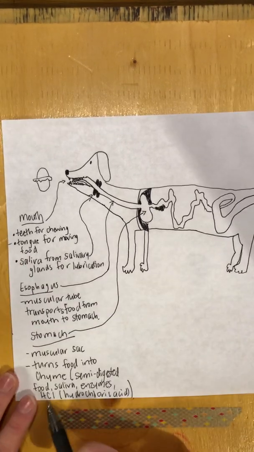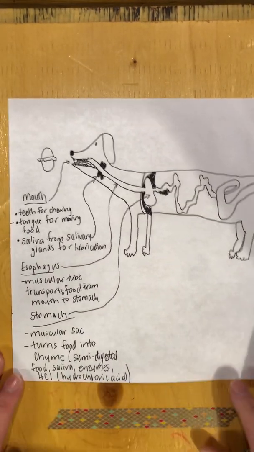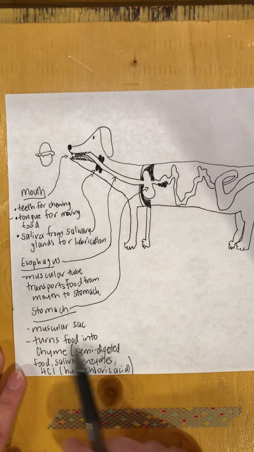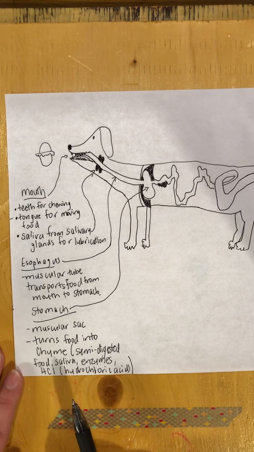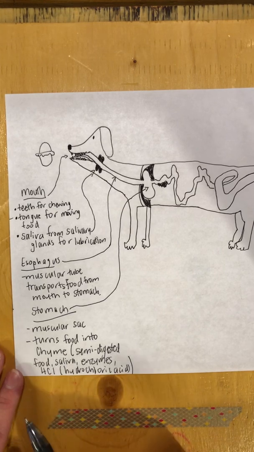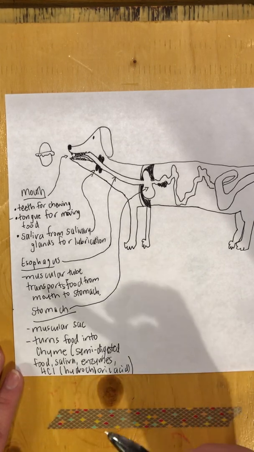So the hydrochloric acid is added in the stomach. The stomach makes that hydrochloric acid and adds it in to start breaking food down in the stomach. So chyme basically is really like a paste, right?